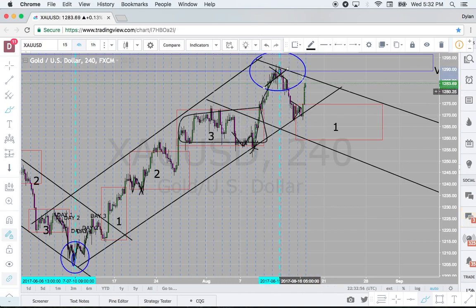Now, it would be somewhat easy to realize that this is the peak just because of the head that we see forming here, the head connecting level 3 to level 1. Now, just in case we're wrong, because we could very well be wrong, this could very well not be the peak, and we could go up another level.